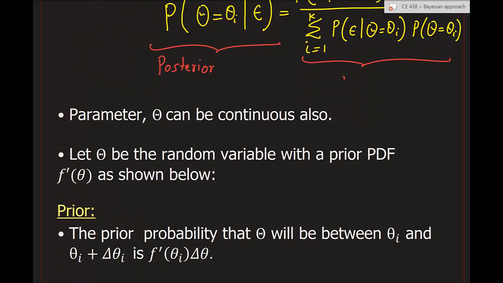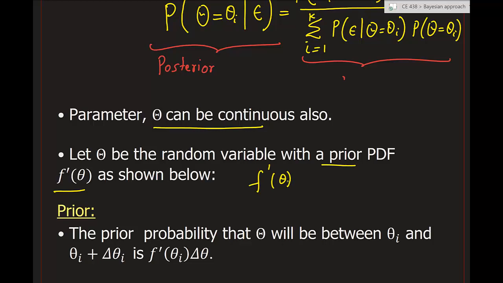So now let's say my parameter is continuous. So let theta be a random variable with a prior distribution or prior probability density function f' theta. Now my parameter is a continuous random variable, so it must be described by some distribution. Let's say the corresponding distribution is written as f' theta.